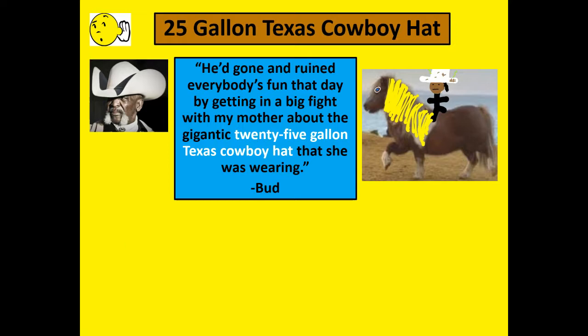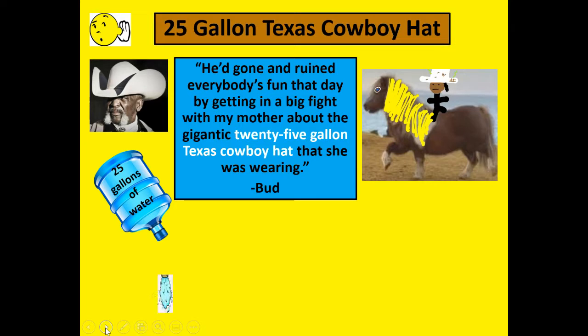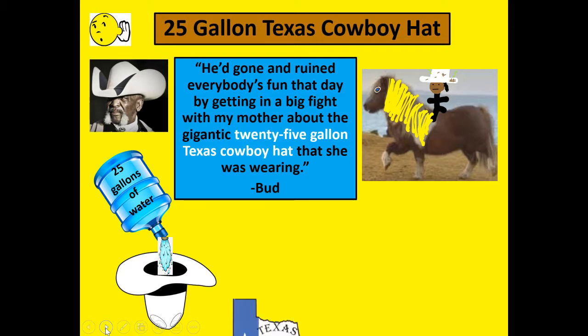And here's a picture someone drew of Mom on the pony. So it's an exaggeration because I don't think people actually wear 25-gallon Texas cowboy hats. That's a lot. It's like 25 gallons of water would fit into a 25-gallon Texas cowboy hat.